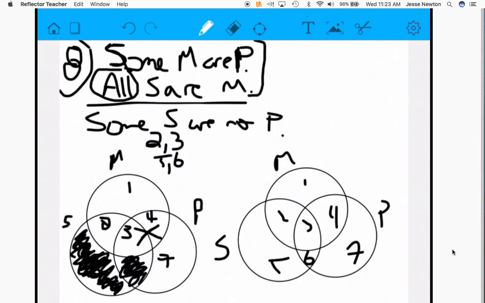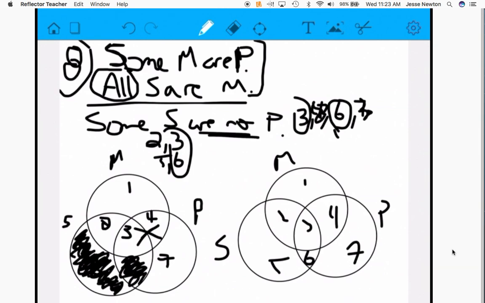And P is 3, 4, 6, and 7. We locate the regions of overlap, which is going to be 3 and 6. We don't need 7 or 4. And notice here, it says are not. So it is are not in 3 and 6. And if it's not in 3 and 6, it must be in 2 and 5. So to show that it could be in 2 or 5, we put an X there.